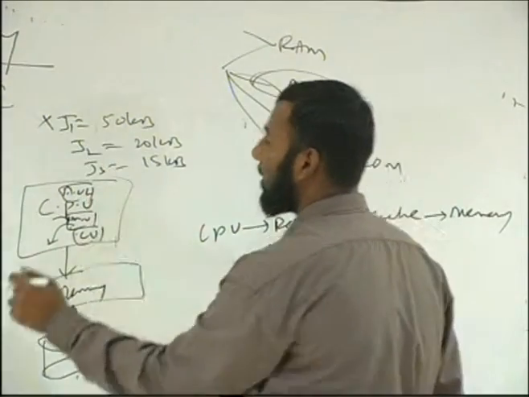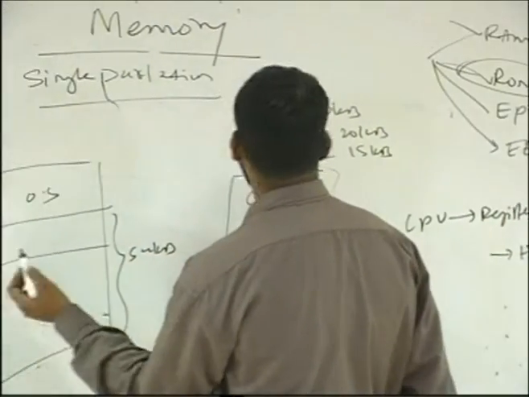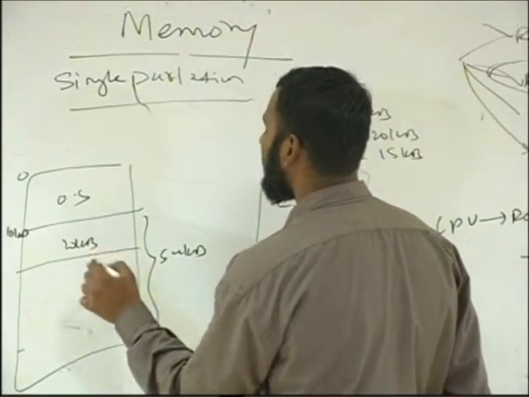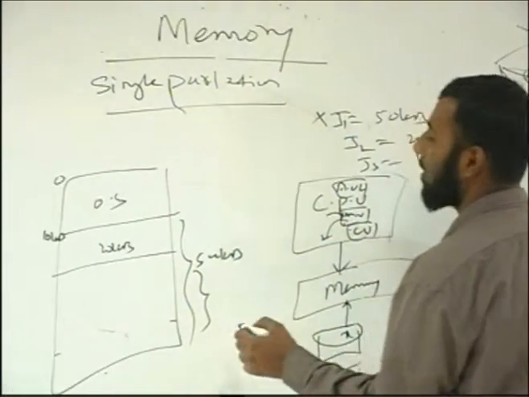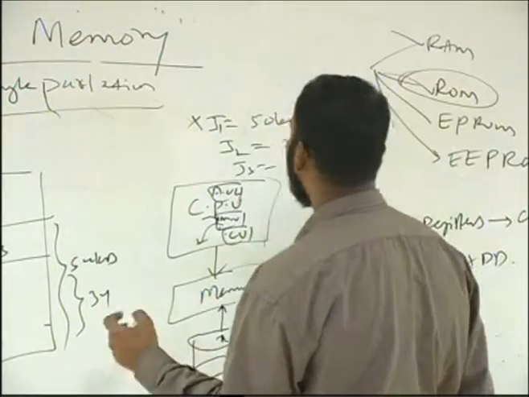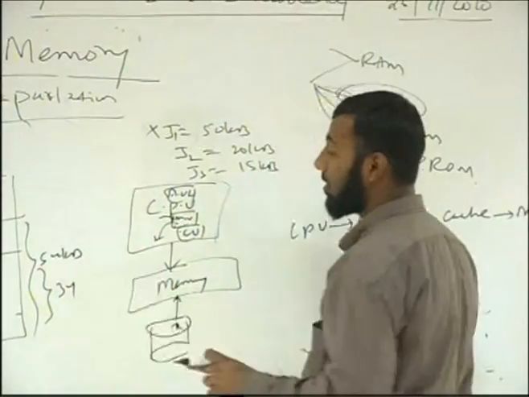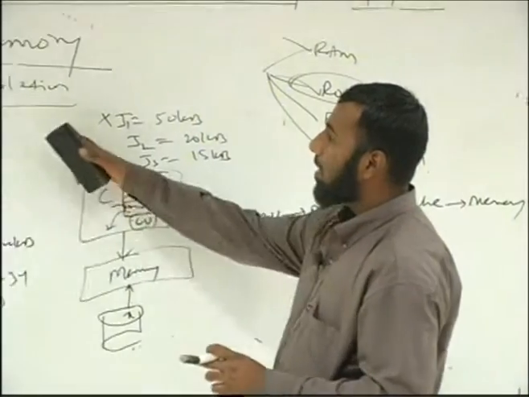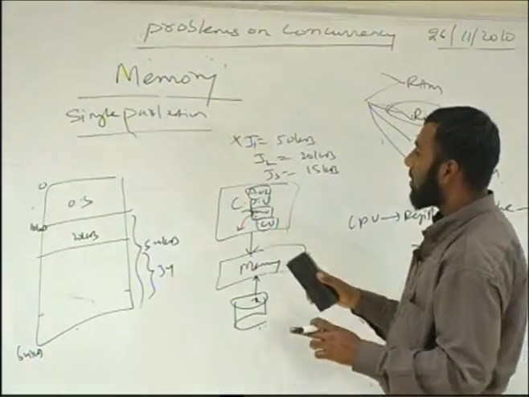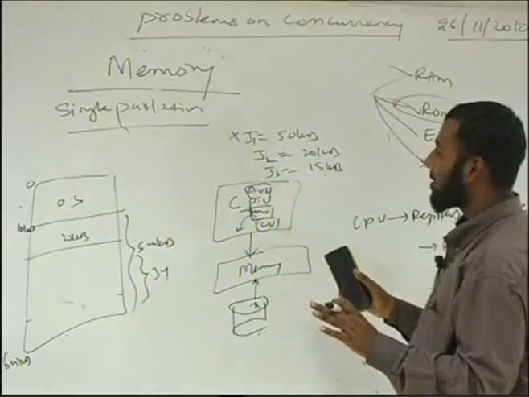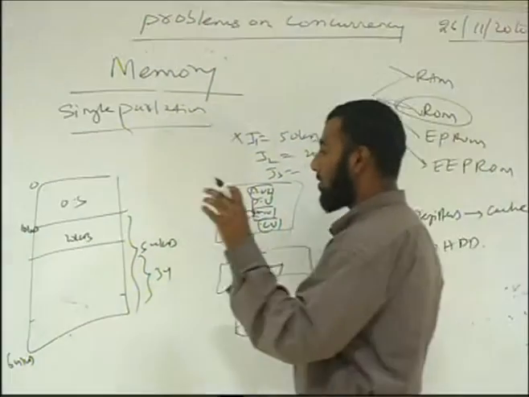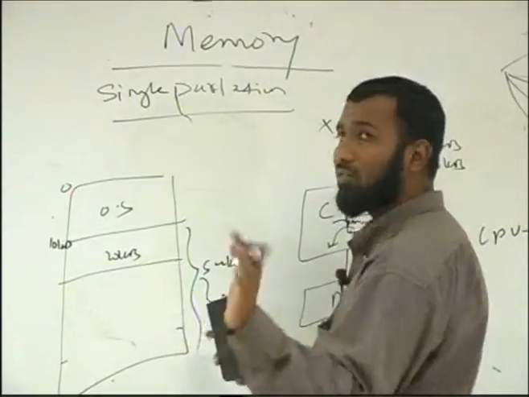When job 2 is loaded, out of this 54 kilobytes, 20 kilobytes will be used and the remaining 34 kilobytes left. Now, is it possible to run job J3 in this? Yes, it is possible, but because it is a single partition method, only one job will be loaded into the memory. There is no concept of loading another process.